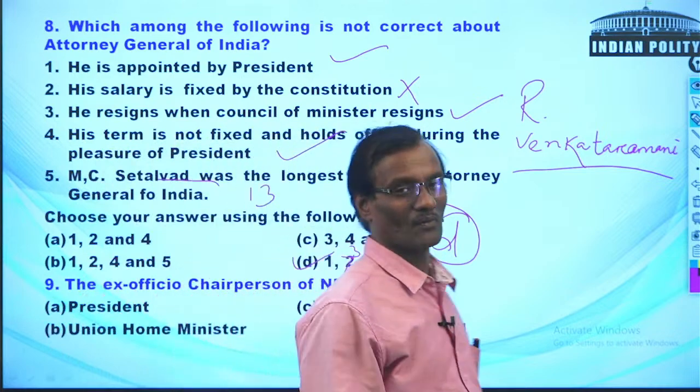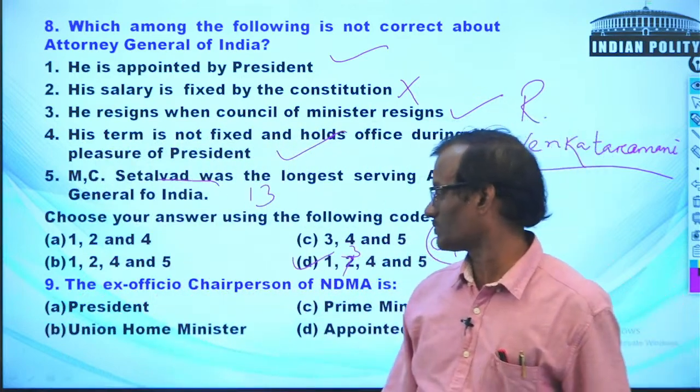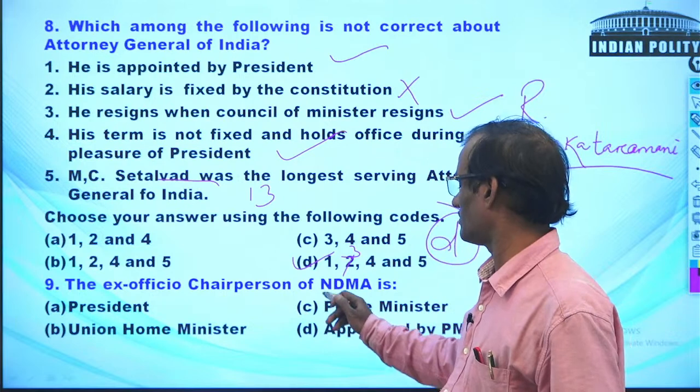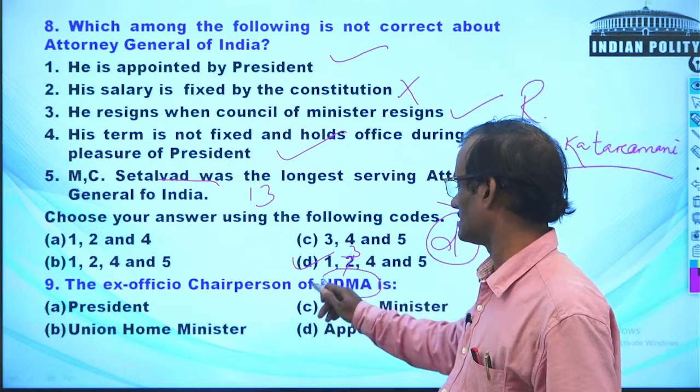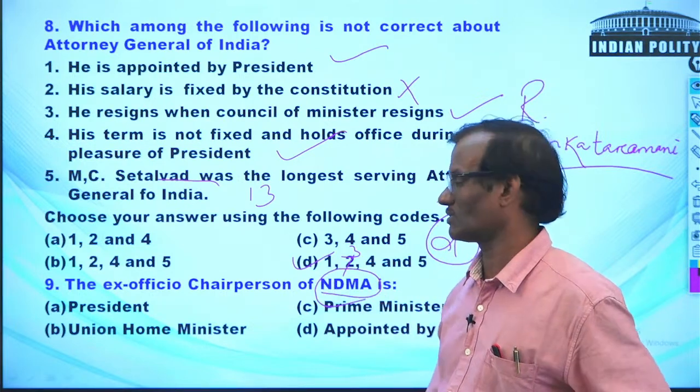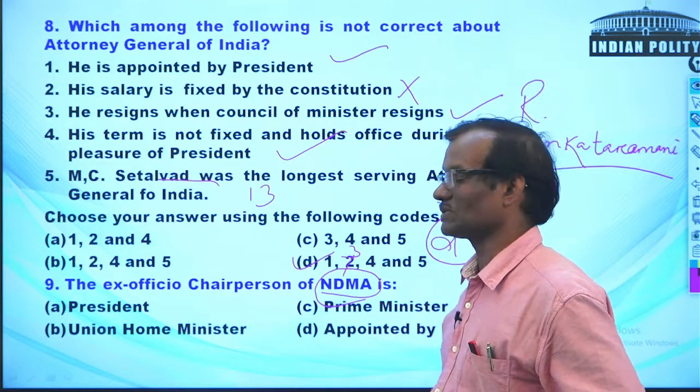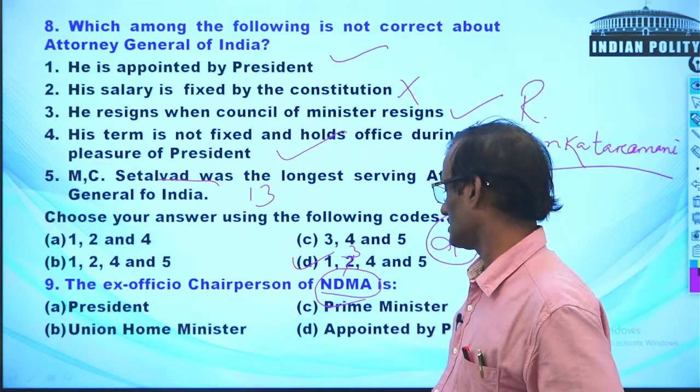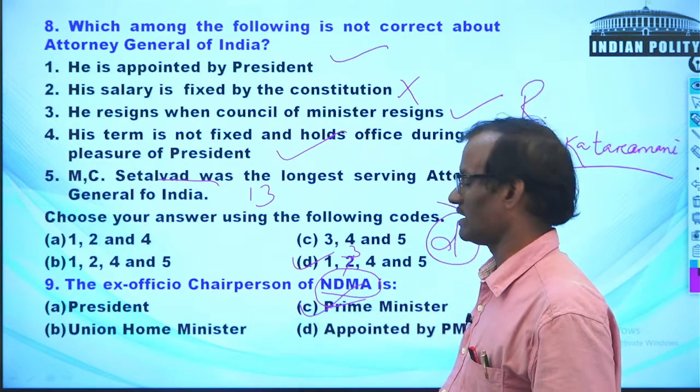Next, the ex officio chairperson of NDMA. NDMA we have not discussed. National Disaster Management Authority is not a constitutional body. It is a statutory body. But the Prime Minister is the chairperson of NDMA.